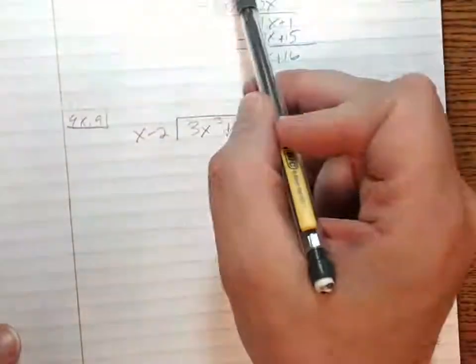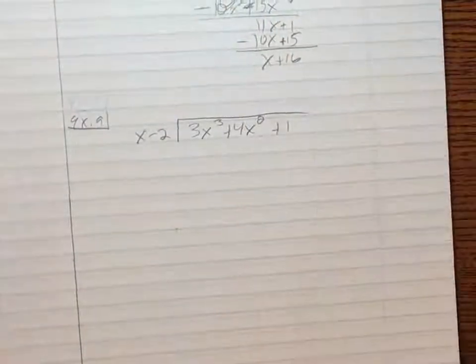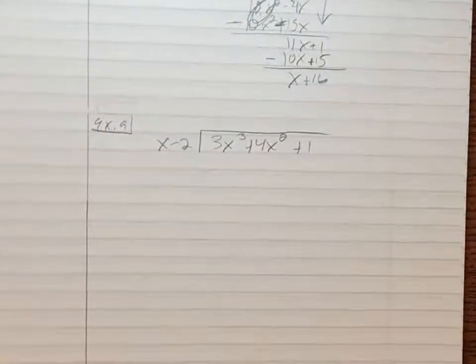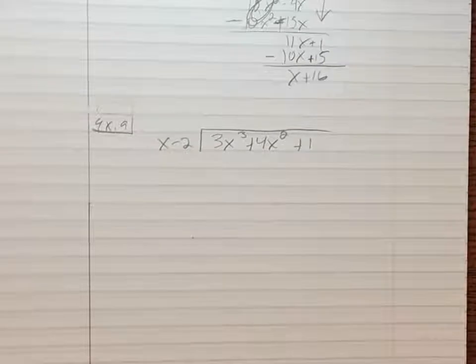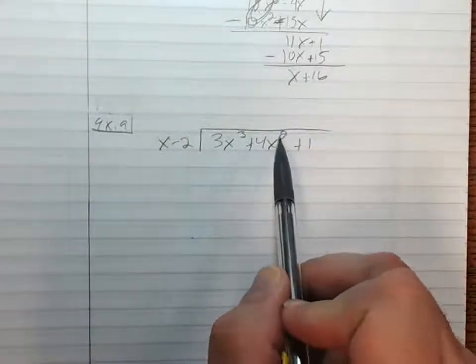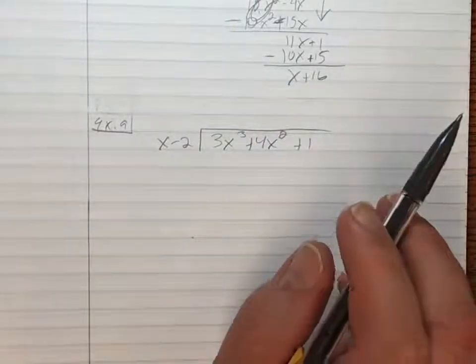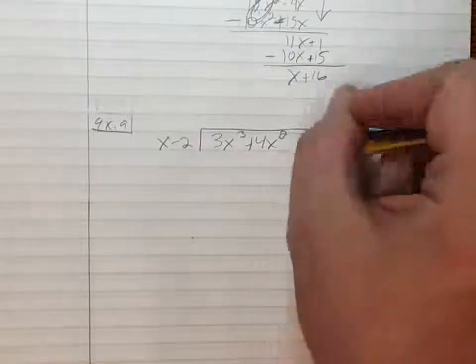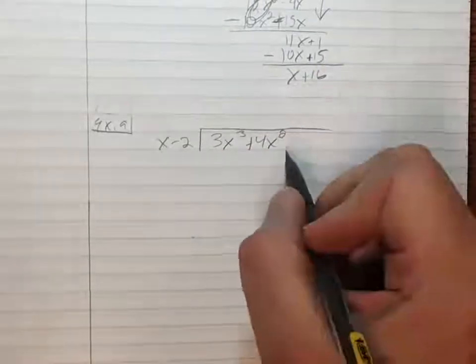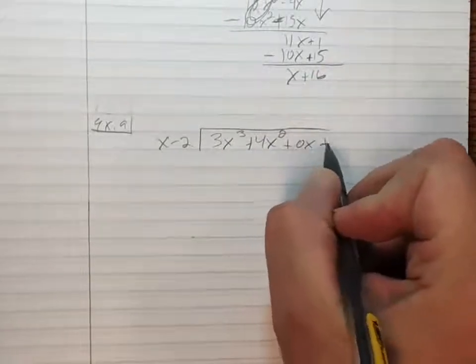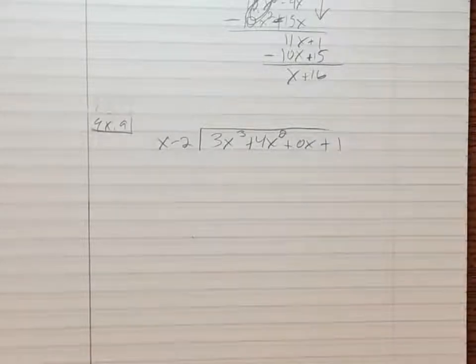I have an x cubed, x squared, x, and constant. There is always a term for every power starting with the largest one all the way down to a power of 0. This one, we have x cubed, x squared, and then just 1. What we need is a placeholder. We need an x. So I'm going to put in plus 0x, like that, and go from there.